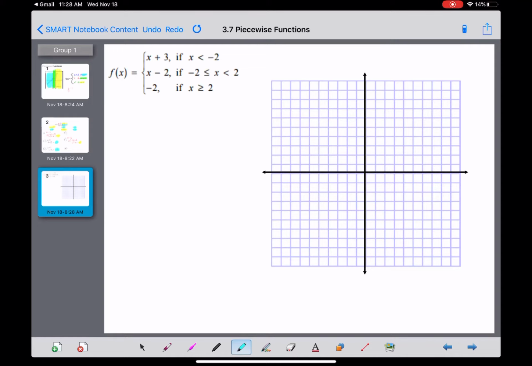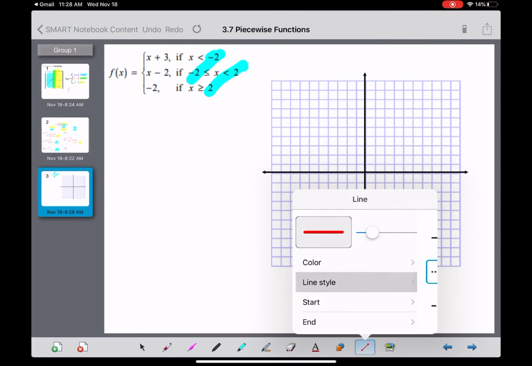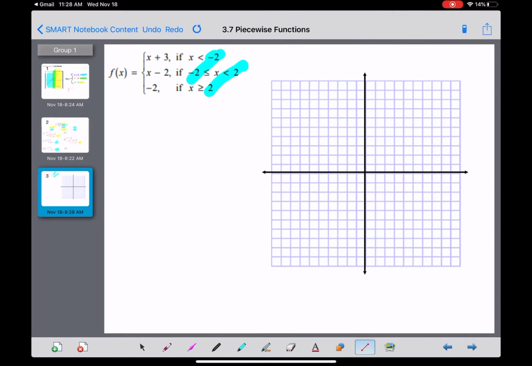So if I look at my domains, I am looking at the x values of -2 and +2. So I want to draw a line at those values. So I'm going to draw a vertical line at -2 and a vertical line at +2 since it's dealing with x. And I've split my domain into 3 different parts.